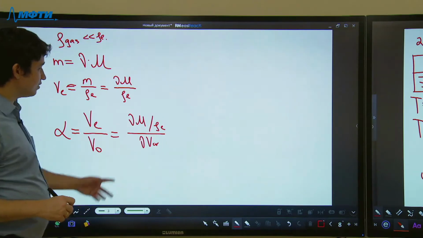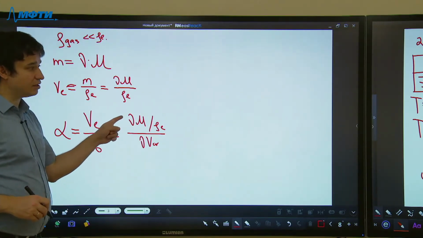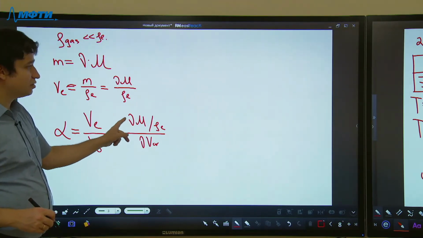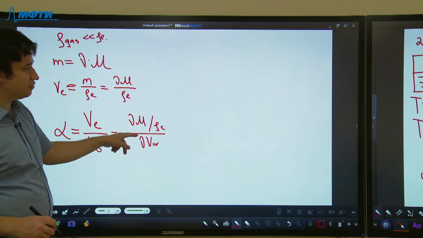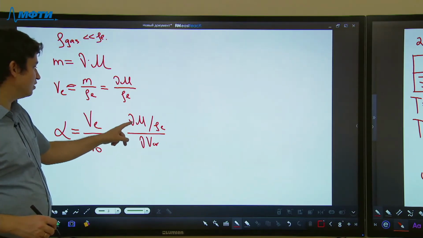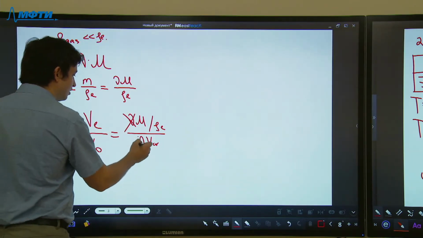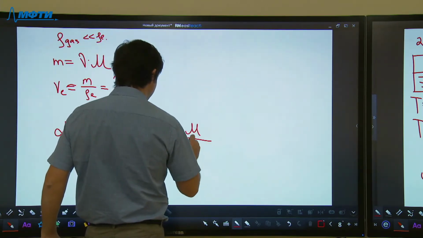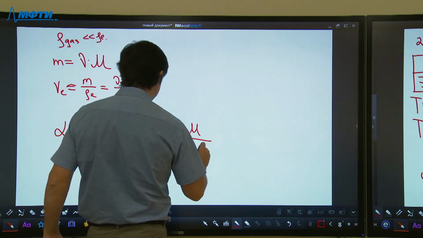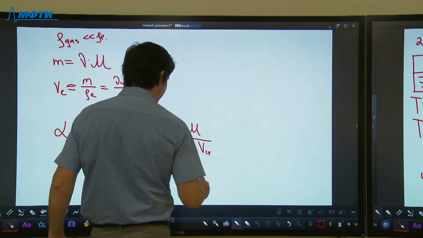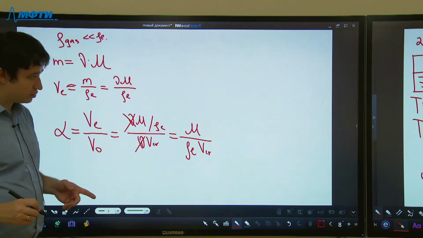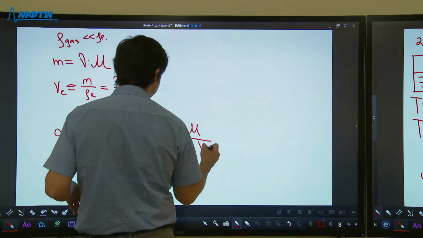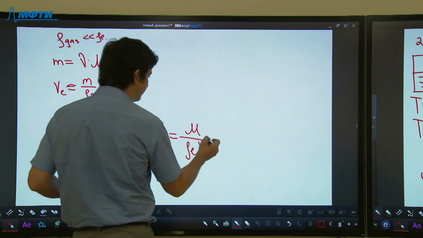And lucky we are that the initially unknown variable, the amount of matter, cancels out. So I have the molar mass over the density of liquid multiplied by the critical volume.